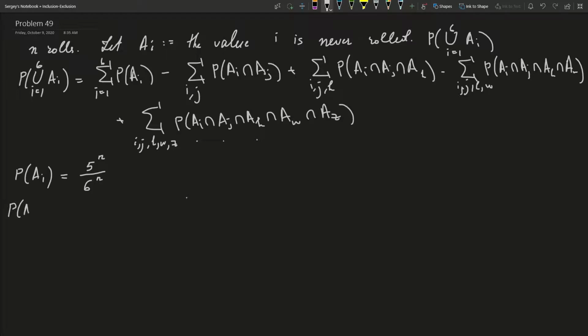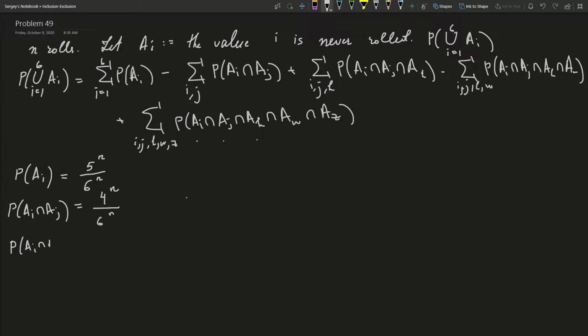Now, when looking at pairwise intersections, if the die isn't allowed to land on i or j, then the die has 4 choices, and there are n rolls, so 4 to the nth power out of 6 to the n.